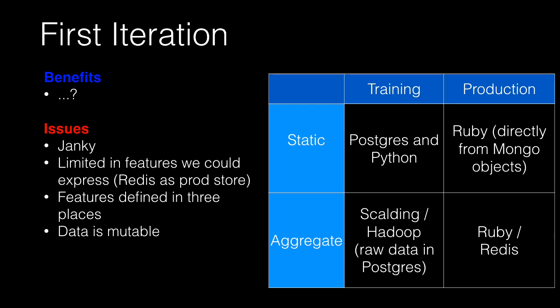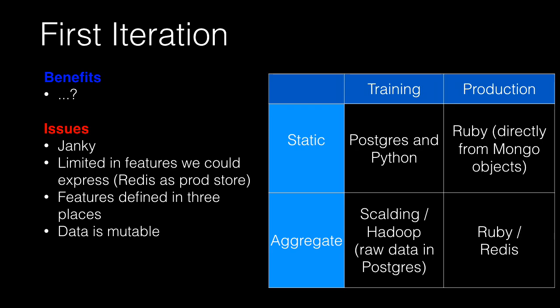In production, we wrote separate Ruby code trying to ape that logic to compute the same features directly from the Mongo objects. For the aggregate features, we would run scalding jobs on the CSVs that we dumped from Postgres. And in production, again, we had separate Ruby code to compute these and store them in Redis.